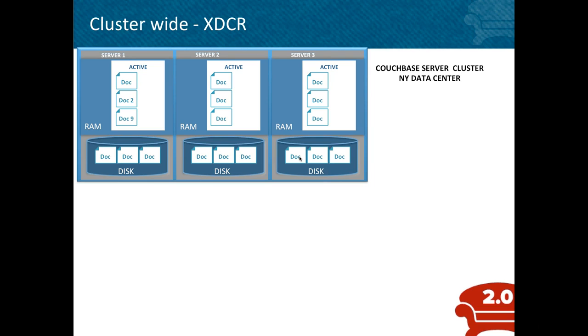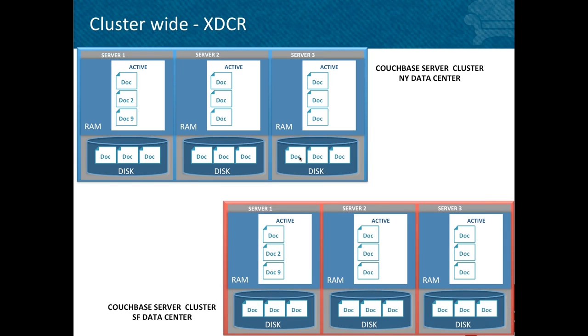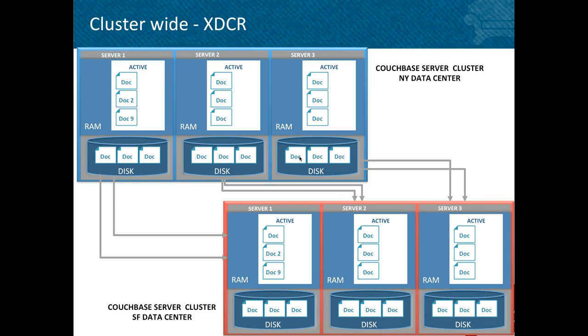Taking a look at how this operates across a cluster, if we have one 3-node cluster in New York and we set up another 3-node cluster in San Francisco, or this could be Ireland, Singapore, or South Africa, there are connections automatically made from node to node. So there's no gateway to set up, and no extra process or extra server to run and scale.